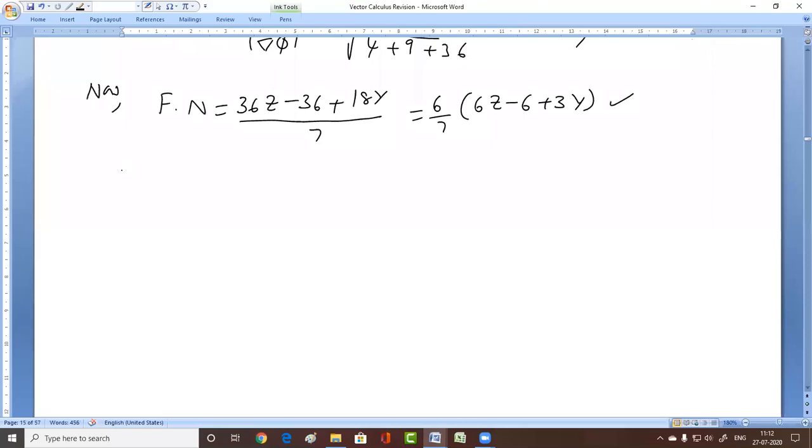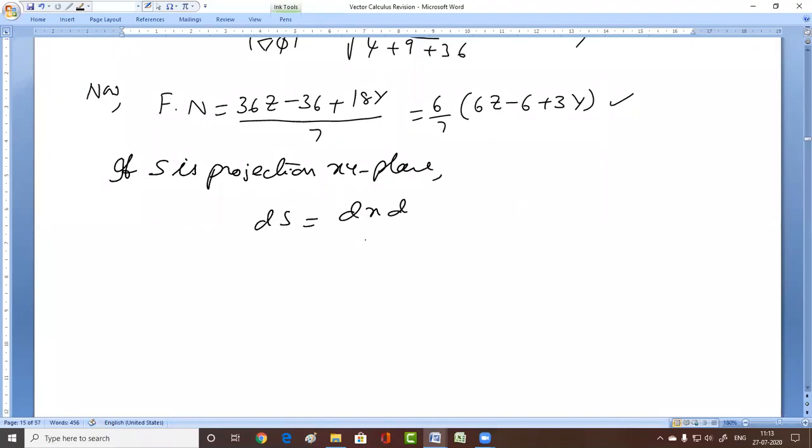If S is the projection on the xy plane, then dS equals dx dy by modulus of n dot k.